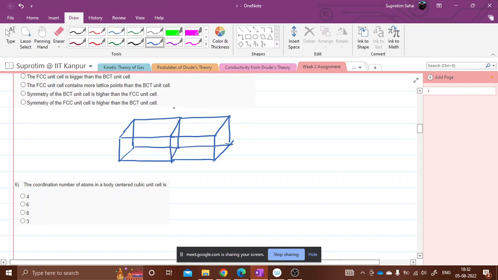So now you put the atoms. This will go here, this will go here, here also, and so on at the corners. Now it also will go into the faces, right? So this is this, this is this part, and also this part.